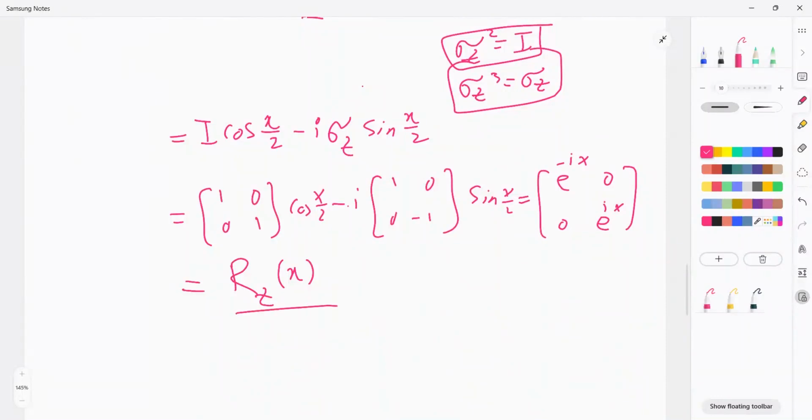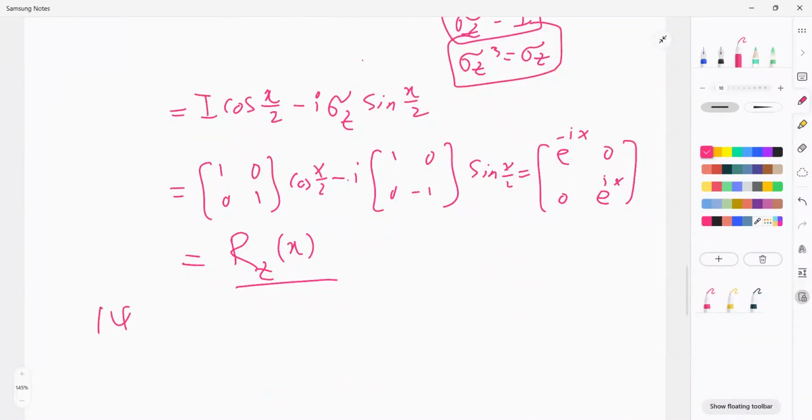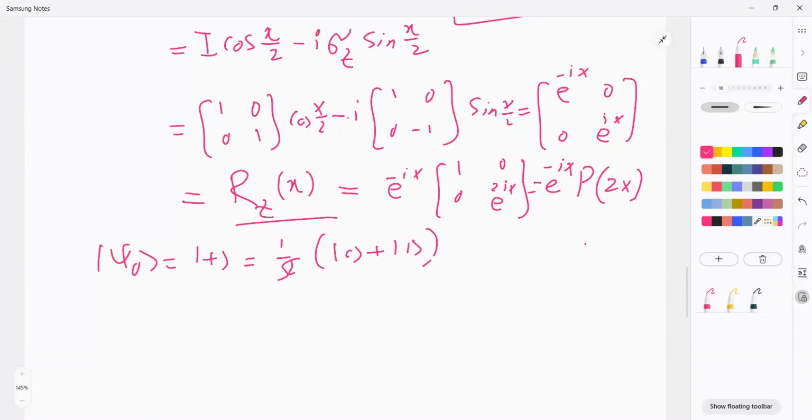So it means that this Hamiltonian with this f of x, and let's say I take psi naught to be a plus state, 1 over square root 2 of 0 plus 1, is one data encoding scheme. And by the way, in this RZ gate, if I take exponential minus iota x common, this becomes 1, 0, 0, exponential 2 iota x, so this is just a phase gate with angle 2x.